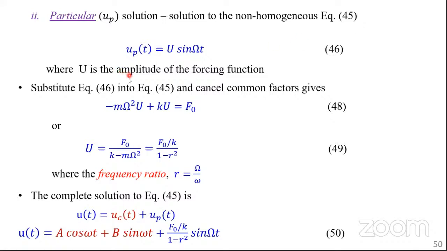Now we are saying U, the capital U here. Don't confuse the capital U with the small u. The small u is our response, our displacement, but the capital U is the amplitude of the forcing function. Remember, we have assumed that the applied external load, the forcing function, is a wave and can be expressed as a sinusoidal function because we assumed a harmonic loading.